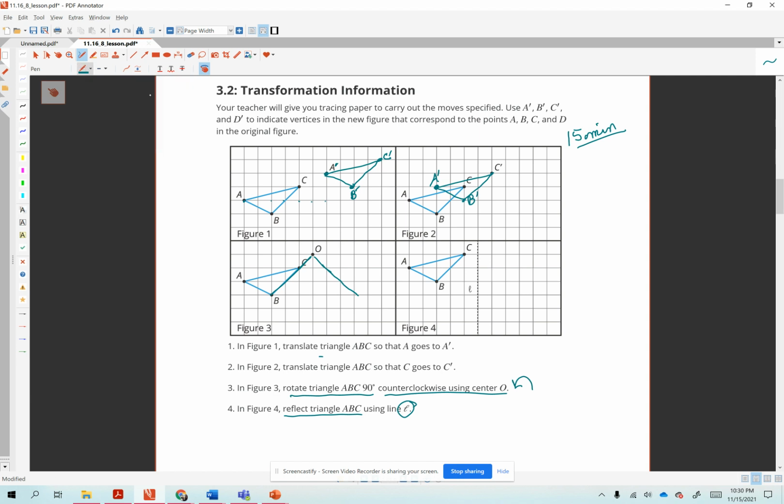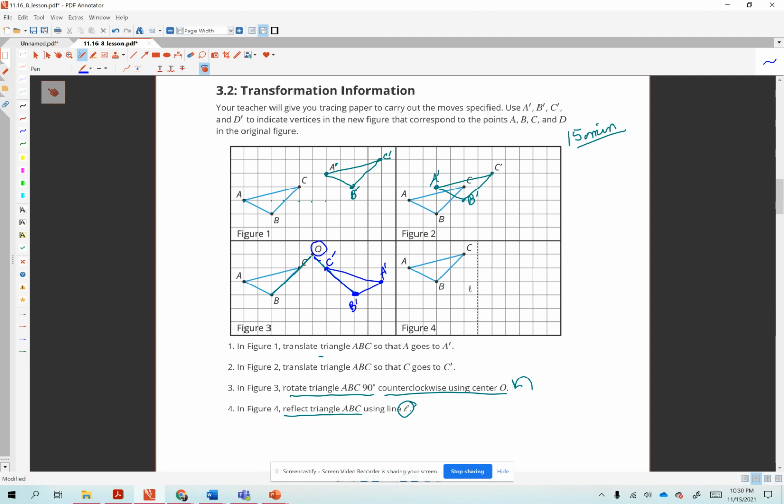Let's change our color. So that would put C prime right there, B prime right there, and A prime right there. Okay, there's our rotation of triangle ABC counterclockwise using center O.